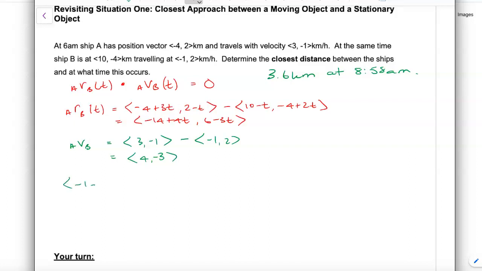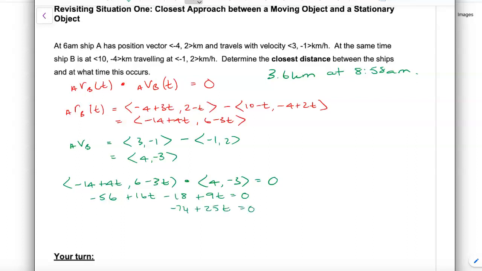So we've got -14 plus 4t, 6 take 3t, scalar product with 4, -3, and that must equal 0. So we end up with -56, so that's -14 times 4, plus 16t, take 18 plus 9t equals 0, -74 plus 25t equals 0, so t is 2.96 hours.